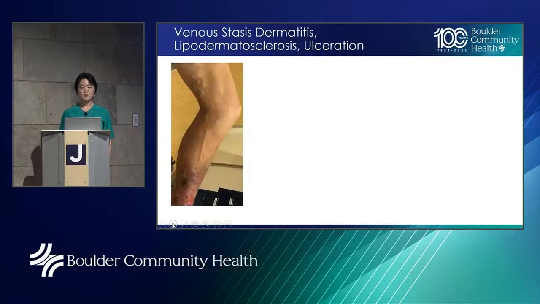Okay, here are some examples of ulceration, venous stasis dermatitis, and lipodermatosclerosis. As you can see, here's a patient that has varicose veins in the medial thigh, and you can actually trace the process going down to this area of the calf and the ankle that has an ulcer, and it has skin changes and discoloration.